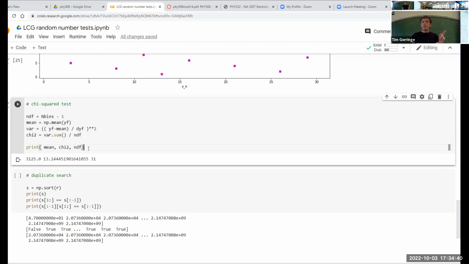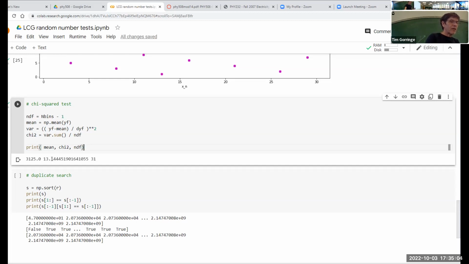So the mean was 3,125. If you remember that plot, that's roughly where the mean was. And that's 1/32 of the 100,000. The chi-squared measures the variations in units of the uncertainties on the points. This chi-squared is much bigger than 1.